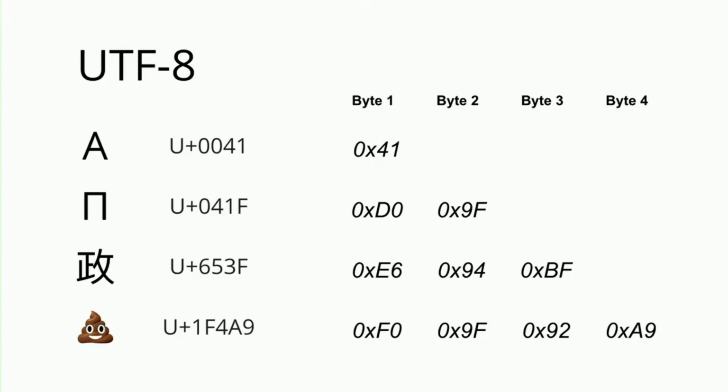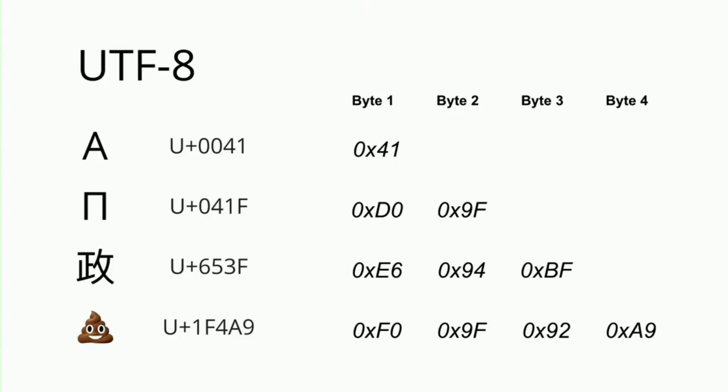UTF-8 is variable length, so it's the most efficient way to represent things, but it's not necessarily the easiest thing to understand. And you'll see here that the basic Latin character A has a very basic representation. The first 128 characters actually match up to their ASCII representations for backwards compatibility. But once you get outside ASCII, things go a little bit crazy.